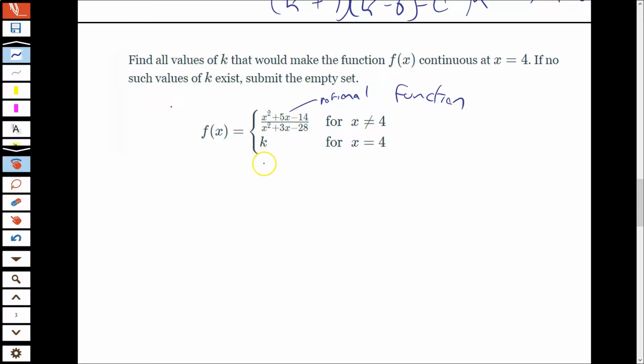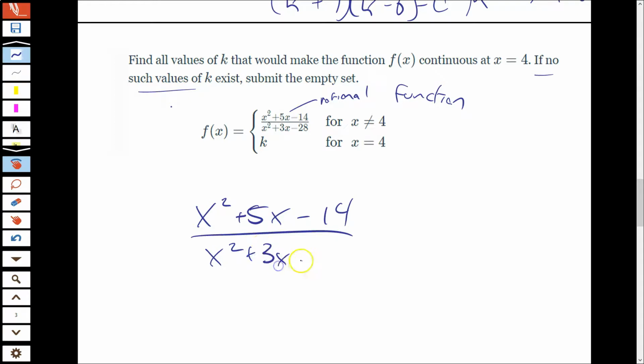You're not going to set them equal to each other and solve anymore. What I want to do instead is factor that top part. And notice no solution is also an answer choice. And factor the bottom part and see what I get. And let's see. So we have x squared.